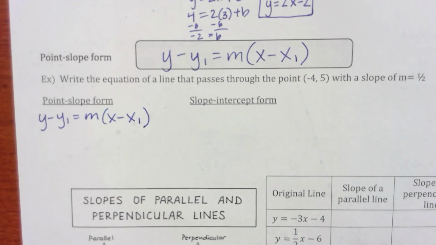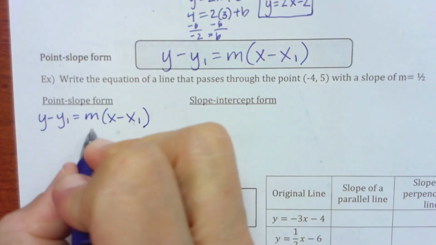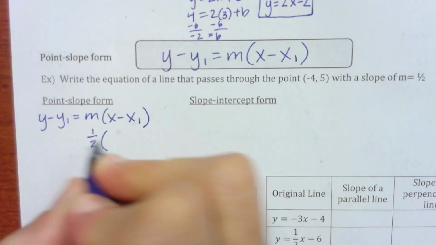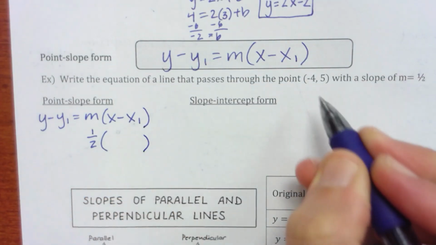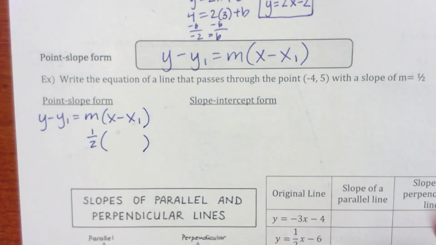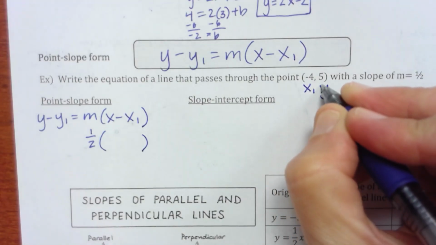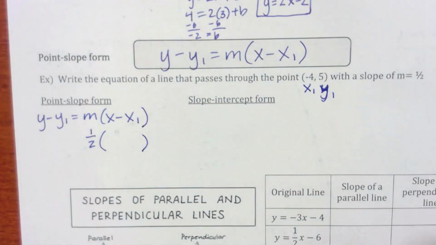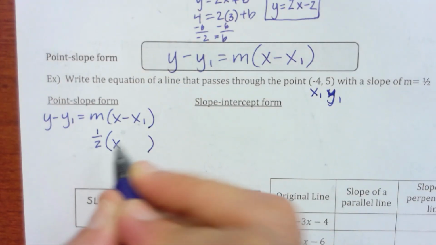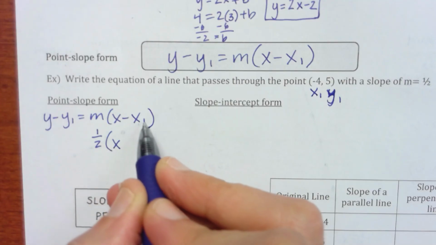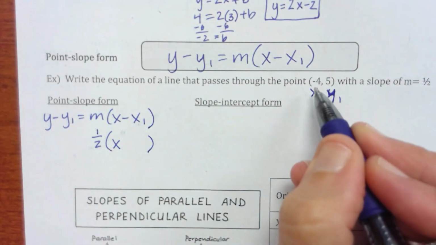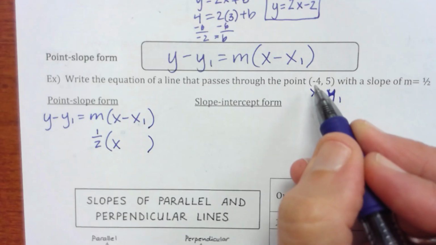Okay, there's my slope. Slope is 1/2, right? And I need an x1 and a y1. In an ordered pair, this is x, and that's y. So where it says x minus x1, that would be x minus -4.